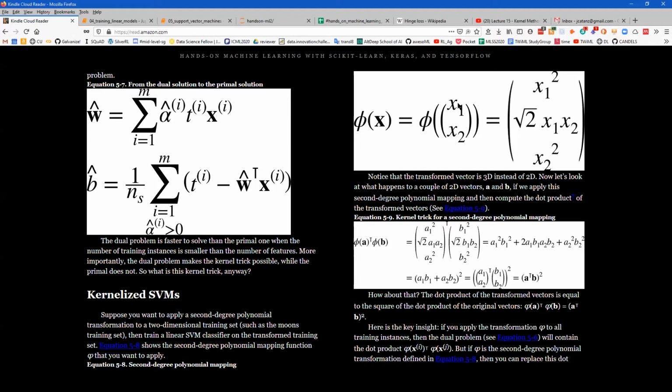So from each of our data points, x1 and x2, we can map them to a 3-dimensional data point. This is a polynomial, what's called a quadratic kernel, right? So the phi is basically the mapping of the data point into a higher dimensional space.